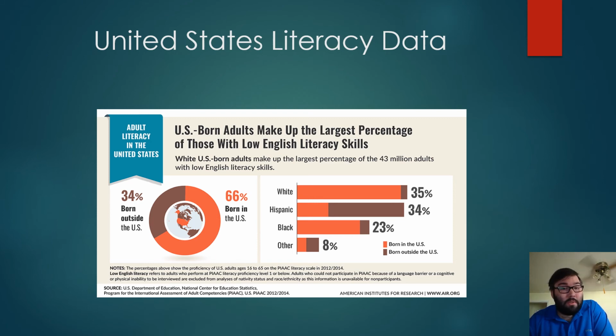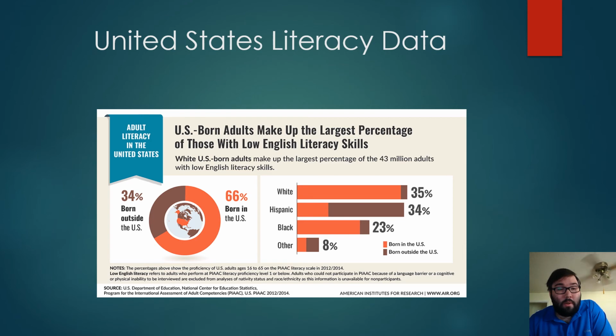The largest percentage there is white U.S. born adults. A lot of those probably come from rural areas like what we're looking at right now. From personal experience, I firmly believe that is the case.